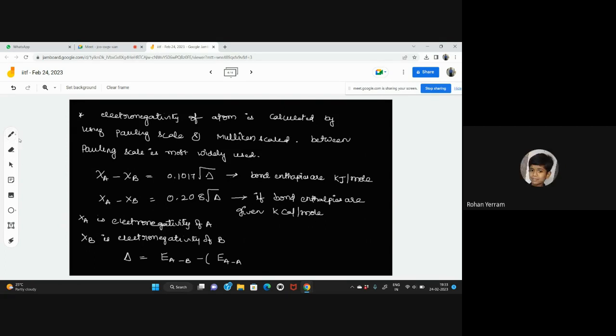Sir, are A and B any atoms? Yes. E A B, whole to the power of 1 by 2. Here E A B means the bond enthalpy of A and B. E A A means the bond enthalpy of A–A bond, like that.